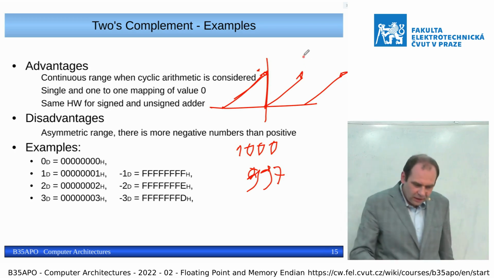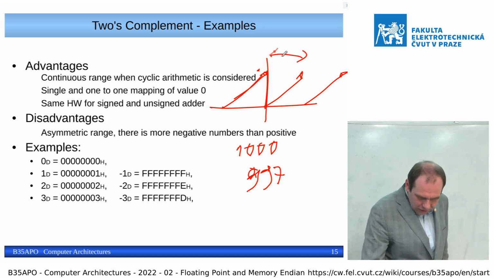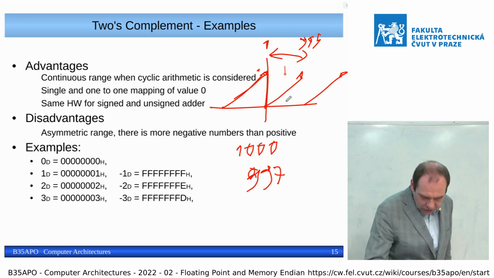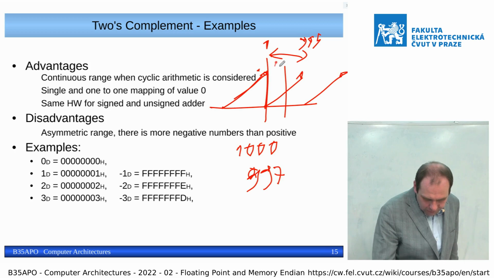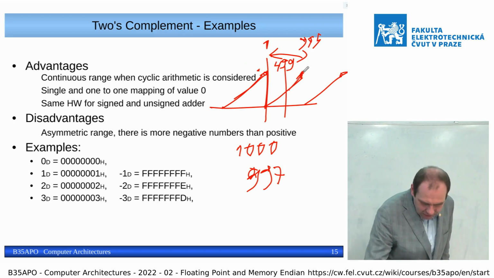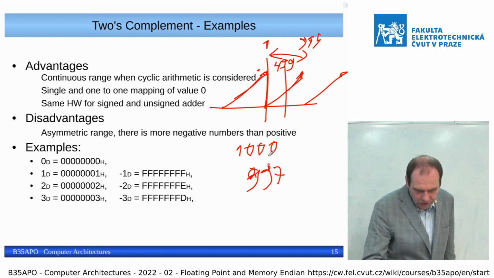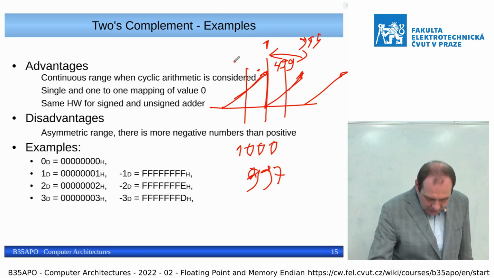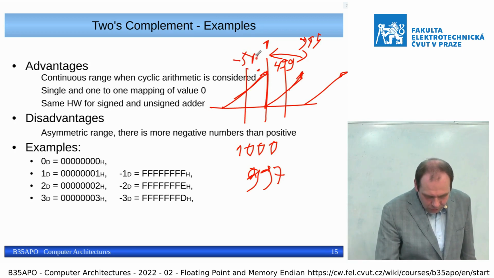And if we decide that we do not represent the unsigned range from 0 to 999, but only the range from 0 to 499, then we can decide that the part of the values going from 500 to 999 will represent negative numbers down to minus 500.